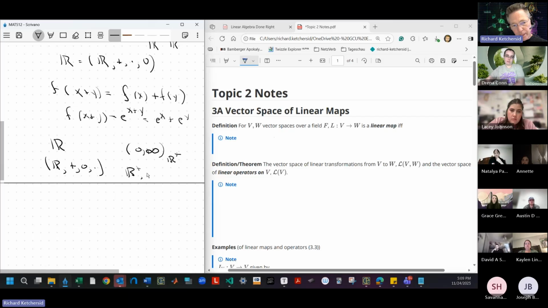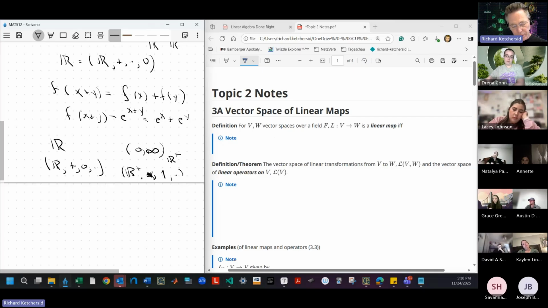But now the addition, so to speak, is going to be multiplication, and the 0 of this thing is going to be 1. And what is scalar multiplication going to be? I've got the problem of the same symbol being used for two things, so maybe I'll write it as actual multiplication like that.